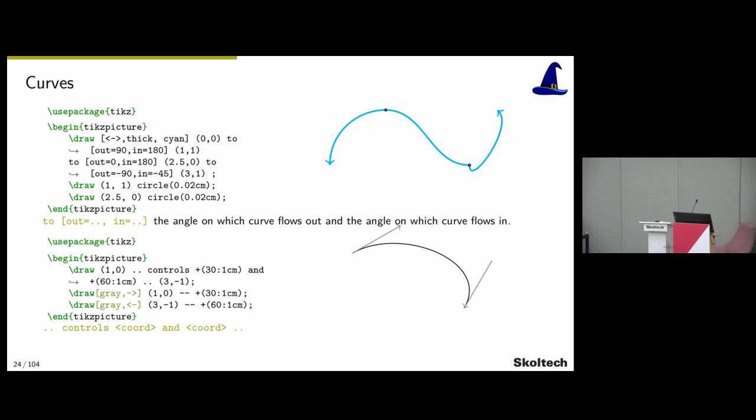So we need to state the derivative, kind of, for this curve at each point. So the angle at which this curve flows in and flows out from the point. And these angles are measured in a trigonometric manner. So to the right is 0 degrees, and counterclockwise you measure the angles at which the curve goes in and goes out from the point.